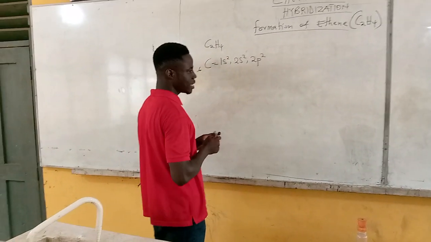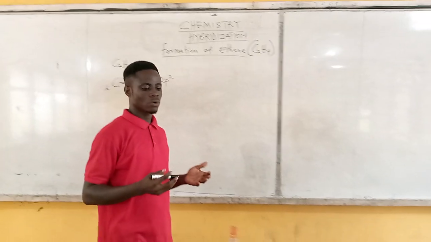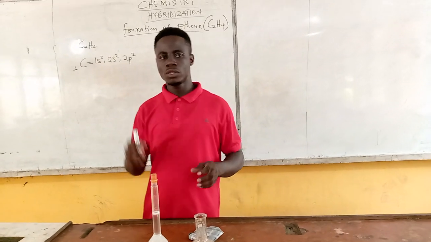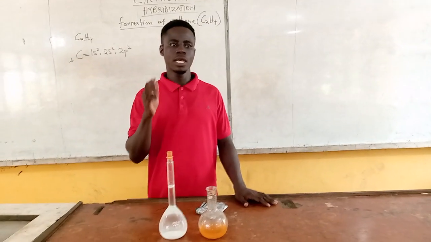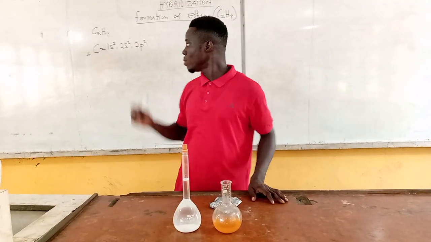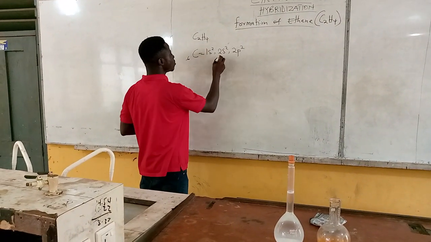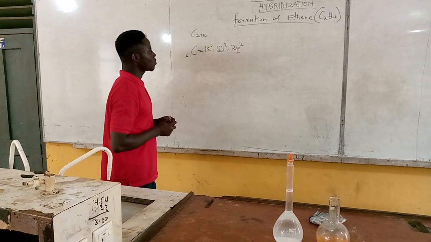Now, we have said several times that in hybridization or in chemical bonding, bonds are formed with the valence electrons only. We do not use core electrons in the bond formation. So with this example, if you check from here, the outermost electrons are 2s2, 2p2.